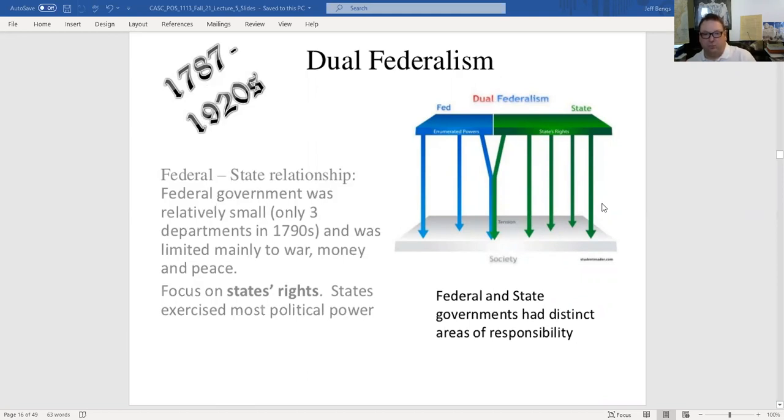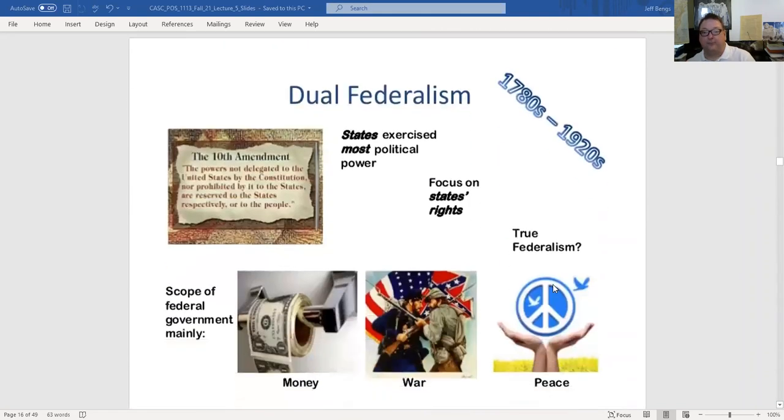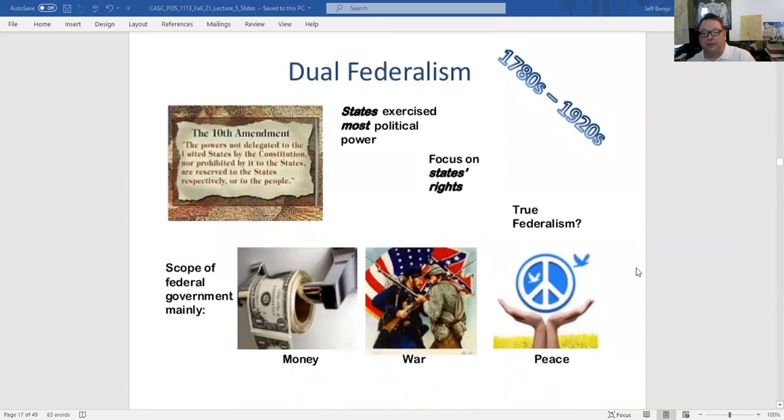But when dual federalism began, federal government was relatively small. And so the states did most of the governing. The federal government basically had these 3 areas: money, war, and peace.